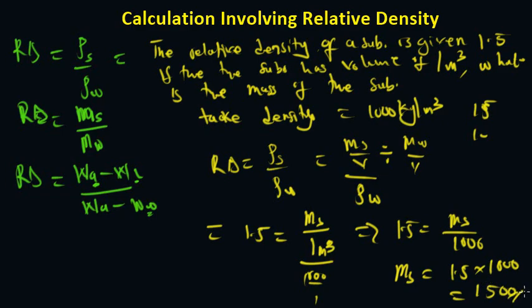In this case it's mass, so the unit is kilogram. This will be 1500 kilogram. Okay, so that's one of the ways we can find relative density.